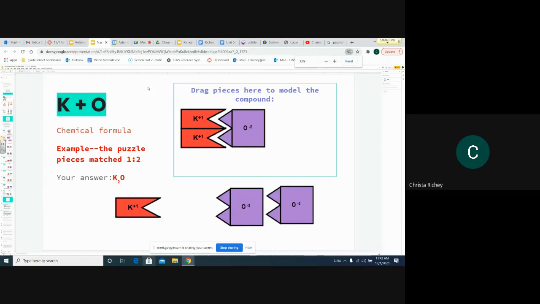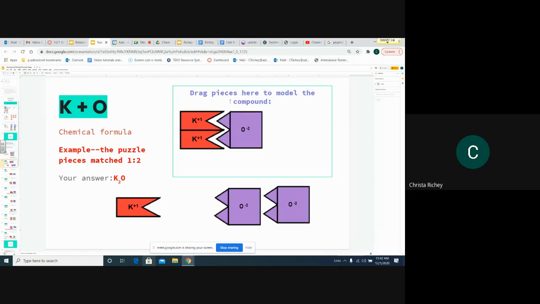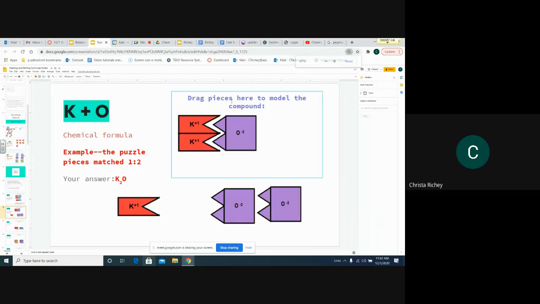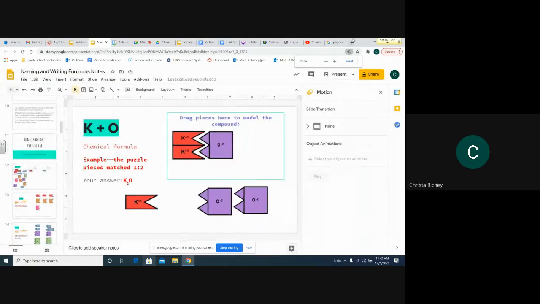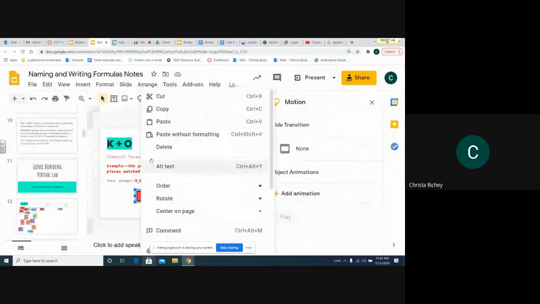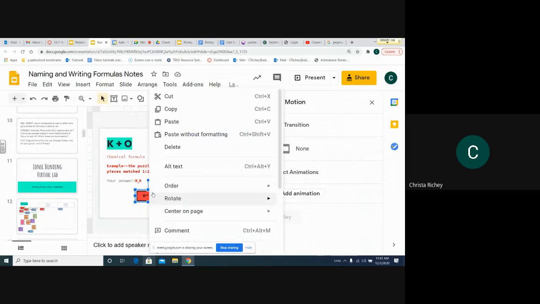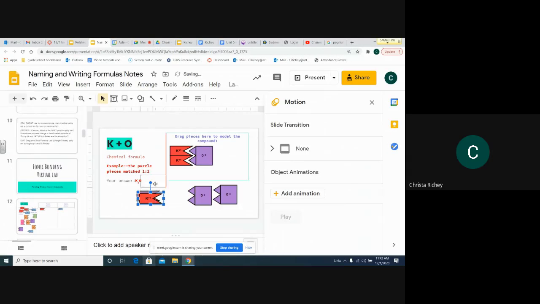Why are you not letting me make this bigger? There we go. I need to duplicate you. Copy. I don't know if it's going to let you use that twice, or do I need to go into my original? Oh, okay. Well, anyways.